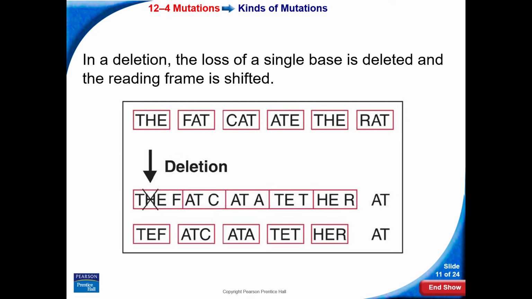So, in the example here, in a deletion, a single base is deleted and the reading frame is shifted. We've used our English language in triplets to make the analogy here: the fat cat ate the rat.